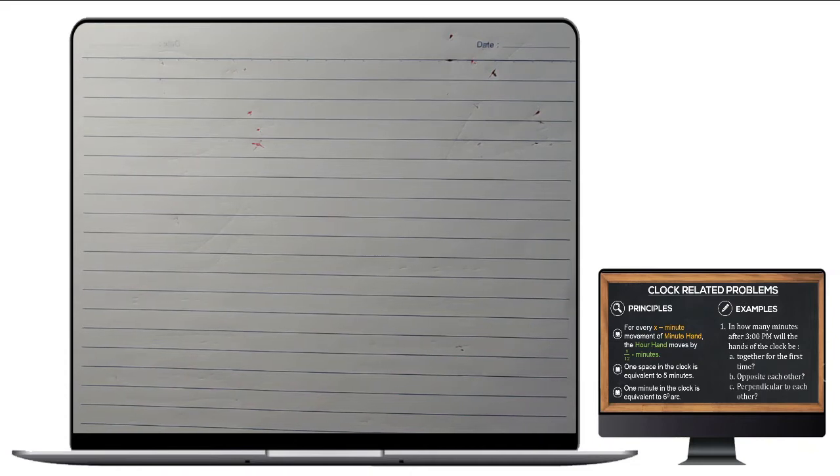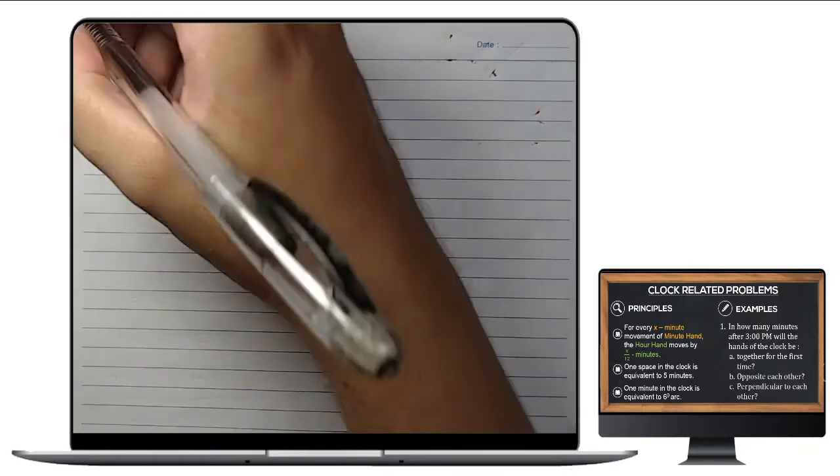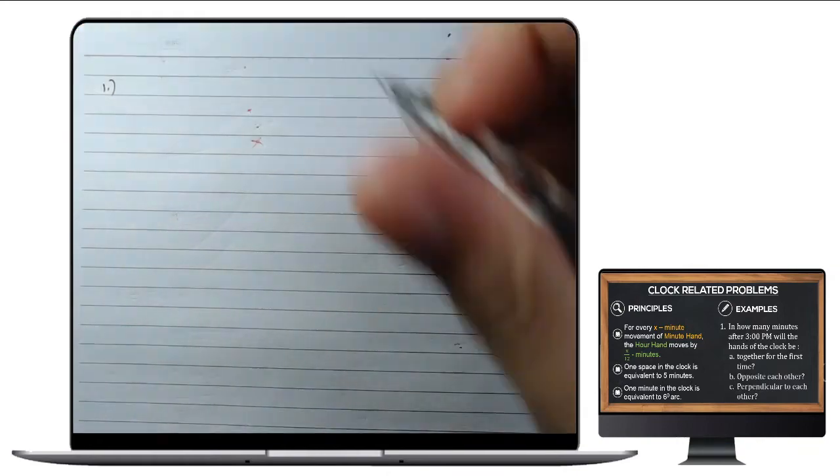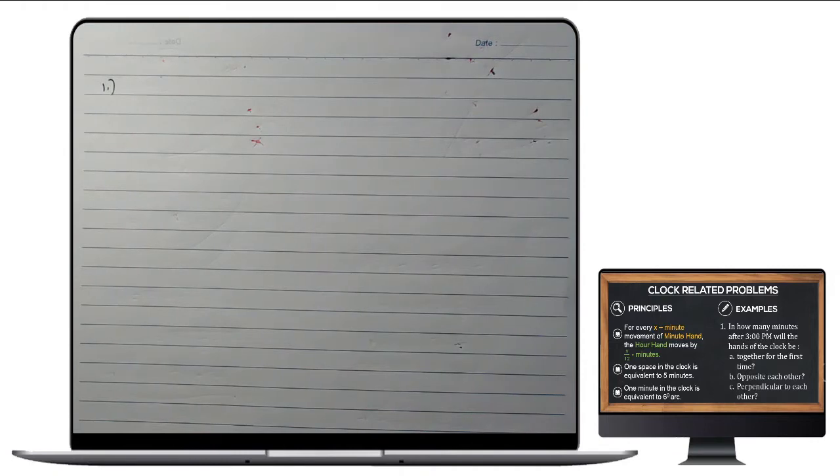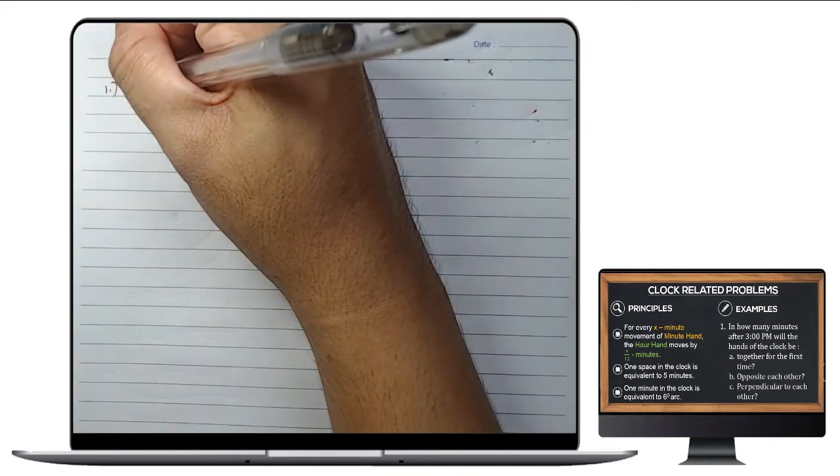So, again, using the formula that we have. So, in how many minutes after 3 o'clock will the hands of the clock be together for the first time? So, for the problem number 1, again, without sketching, makukuha natin to. So, mamimili lang tayo dun sa equation natin kanina. So, let's start our equation.